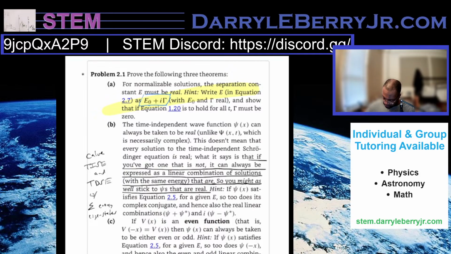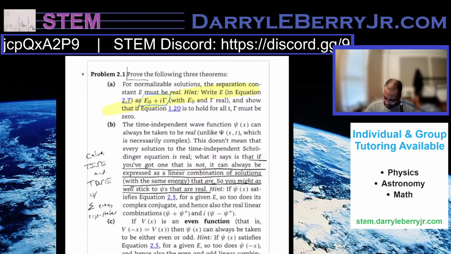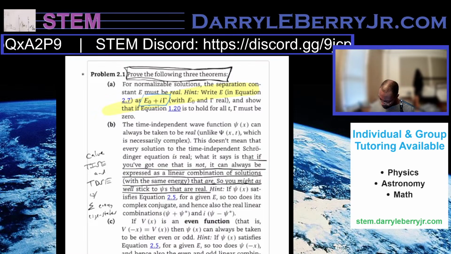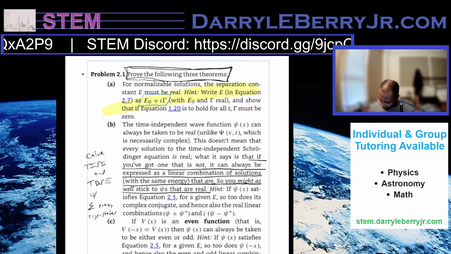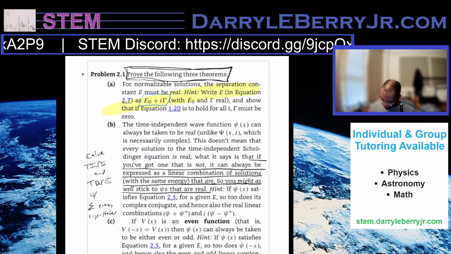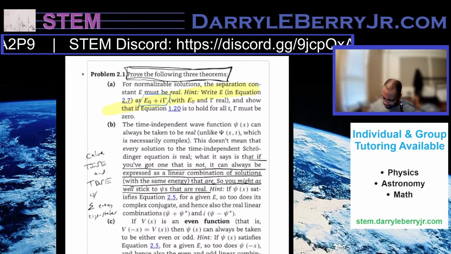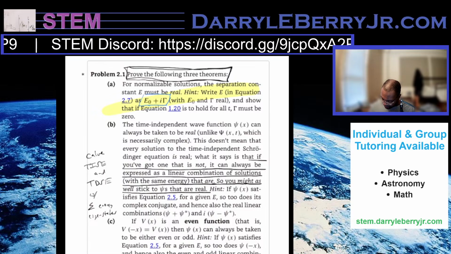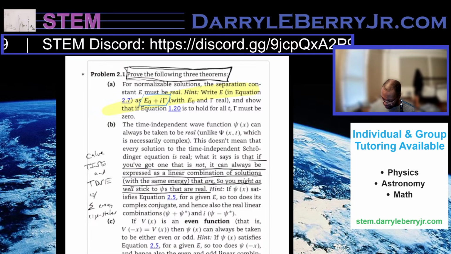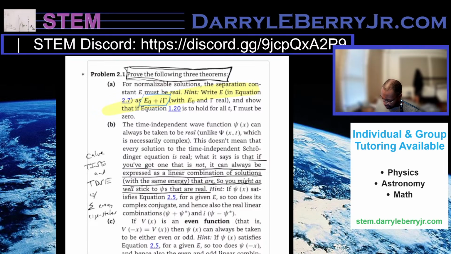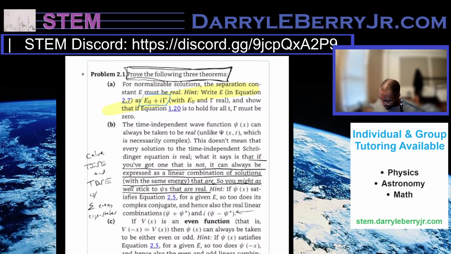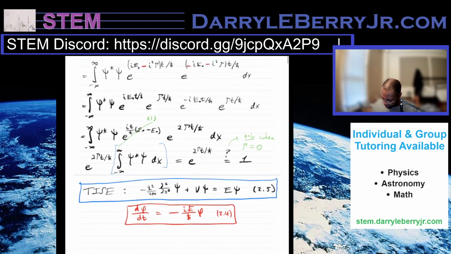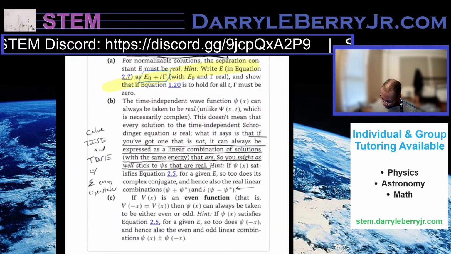See, so we're just supposed to prove this. I'm looking at what they want us to do. They want us to prove this as well, that this holds. They want us to prove that for a solution to the time independent and time dependent Schrodinger equation, we could take a linear combination of the real and unreal parts, which is to say linear combinations of psi and the complex conjugate psi. 2.5 is the time independent Schrodinger equation.